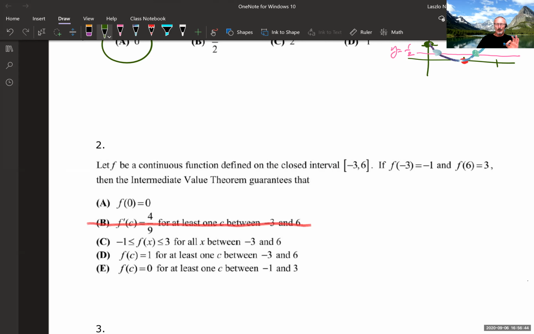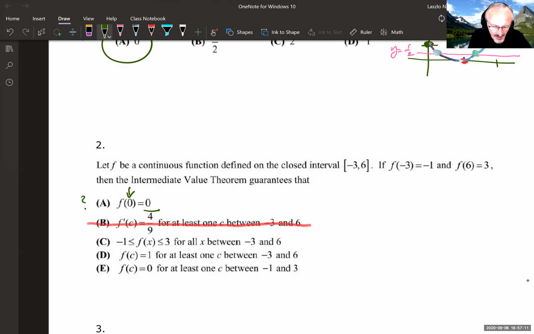Certainly 0 is one of those, but the issue that I'm worried about here is that they've connected the y coordinate of 0 with the x coordinate of 0, and the intermediate value theorem never guaranteed that we would know what x coordinate is paired with this y coordinate. So I'm going to put a question mark here. I'm very nervous about choosing that one.